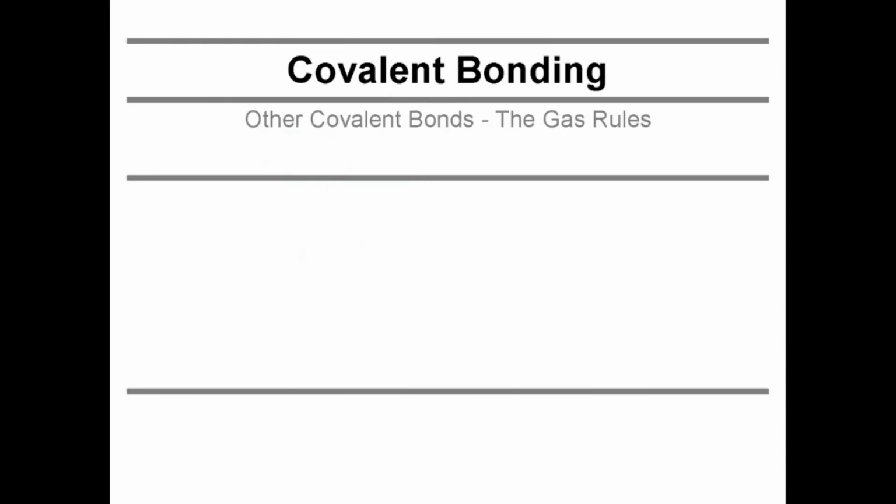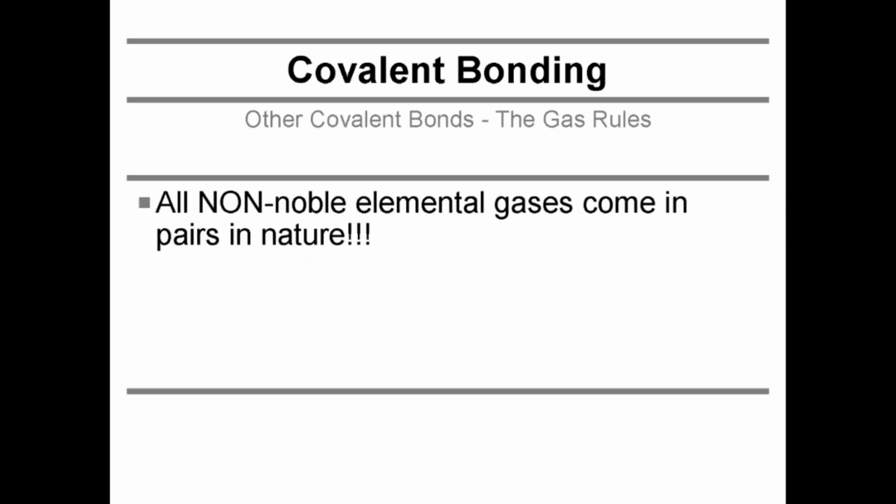Okay, a little bit more about covalent bonding, something about the chemical gas rules. All non-noble elemental gases appear or create pairs in nature. These are the elemental gases, not the polyatomic gases like carbon dioxide. They come in pairs. So what does it mean?